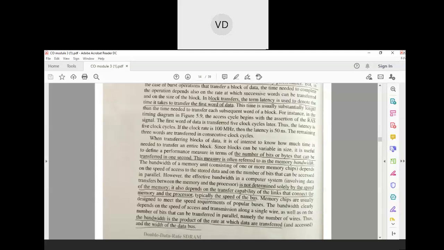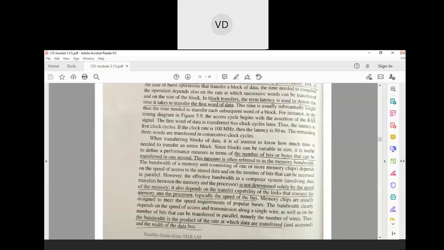Suppose my mobile is XYZ and I am using a charger of PQR, it will be charging, but it will take more time to charge, is it not? So the charging is also dependent on the cable we are using. In the same way, even if the memory is faster, the bus should be strong enough, it should be fast enough to transfer the data.